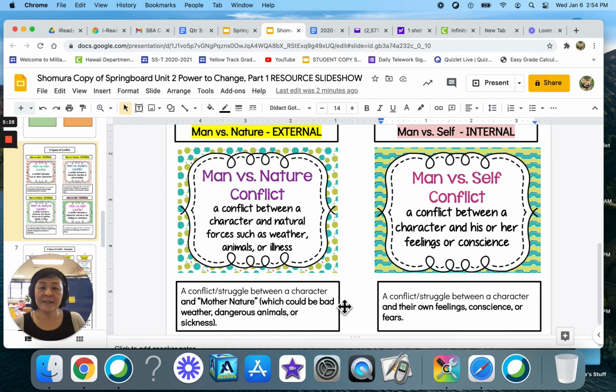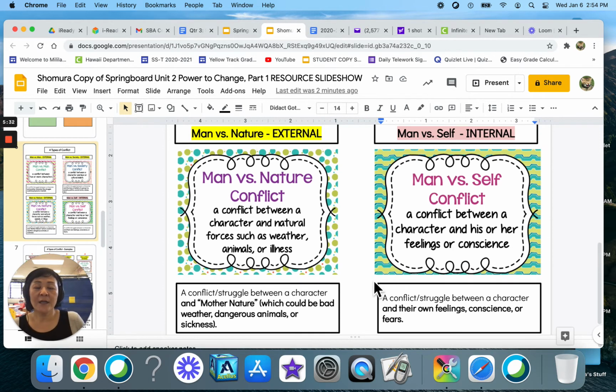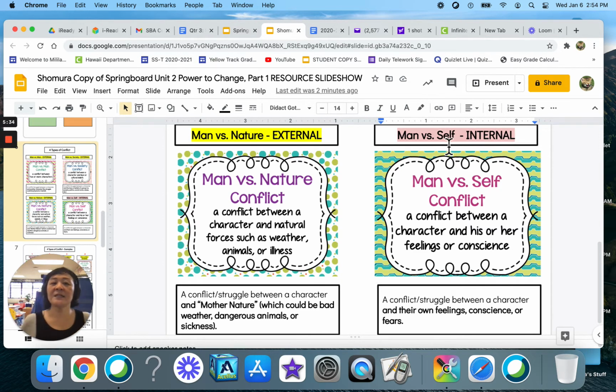The last and fourth type of conflict is man versus self. This one is a little bit different because it is an internal conflict. So man versus self is a conflict between a character and his or her feelings or conscience.